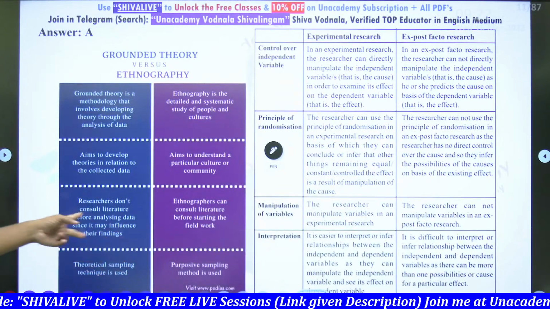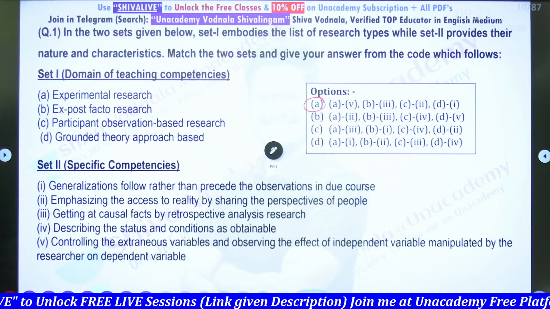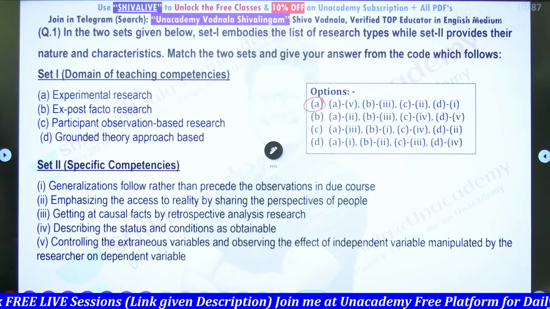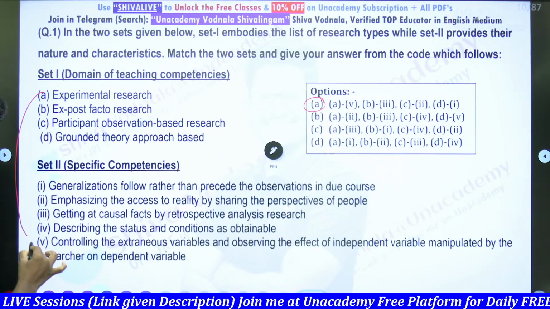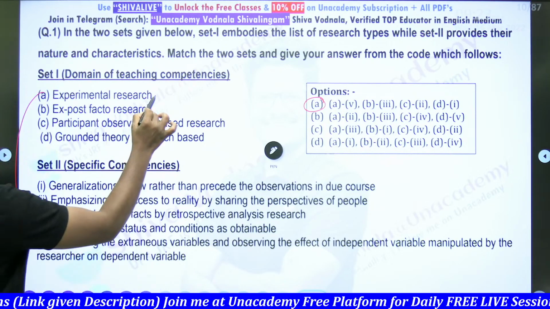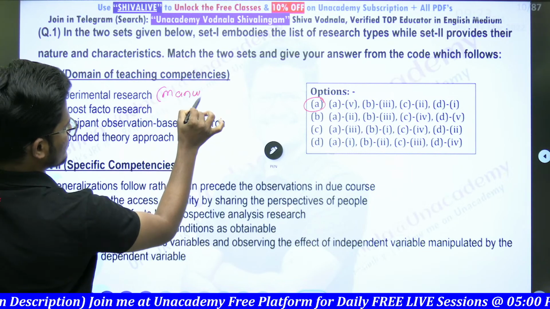So the answer will be option A is the correct answer. Let me tell you how A will be the correct answer. Experimental research is linked to the fifth one, which is controlling extraneous variables and observing. Here control will be there and the manipulation of the independent variable also will be there.